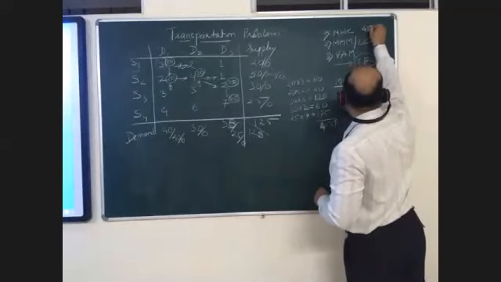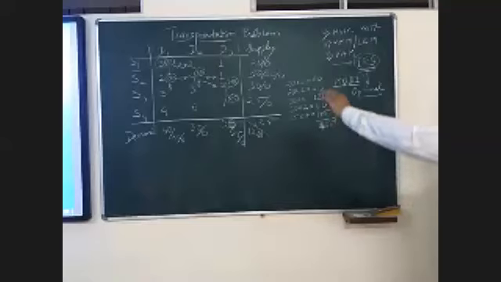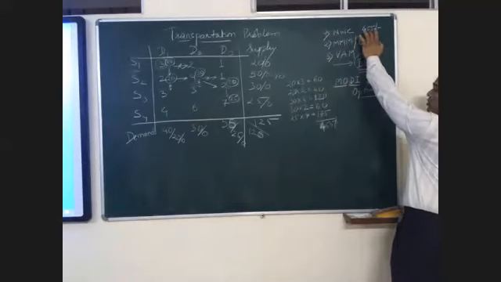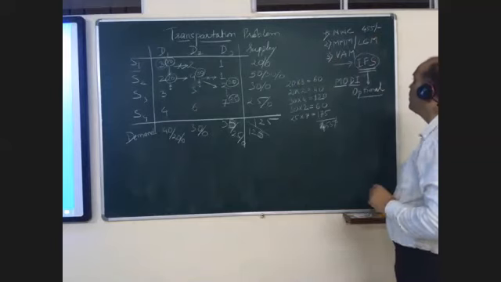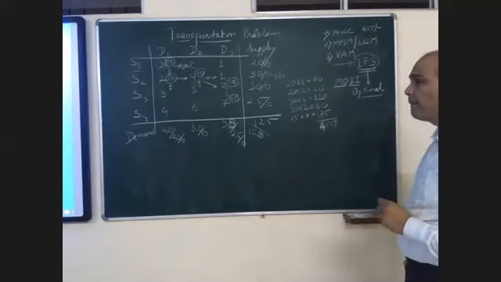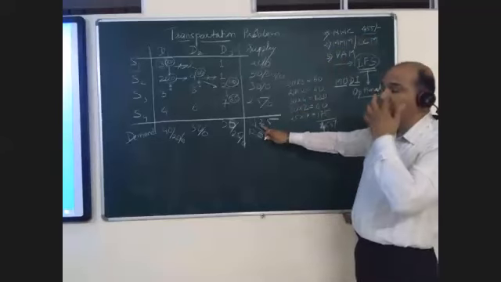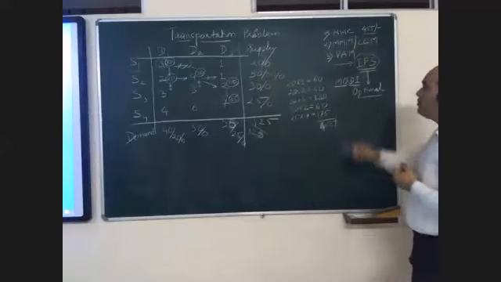I'll note down the initial feasible cost. Please remember, by northwest corner method, the total transportation cost will be 455. Clear? Total cost is 455. If I supply 125 units to different demand centers, the cost will be 455.